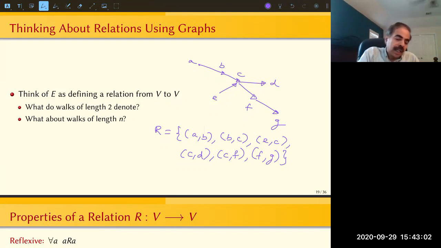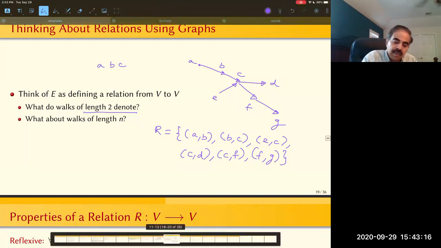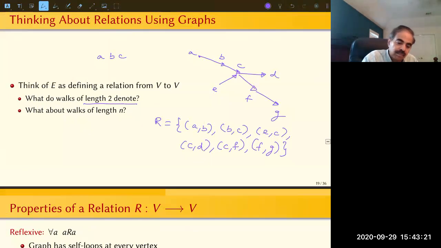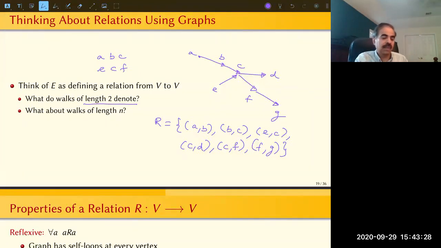Okay, so now let's look at walks of length 2, right? So for instance, A, B, C is a walk of length 2, right? Similarly, E, C, F is a walk of length 2, right? So what can we say about a walk of length 2 in terms of the relation R?